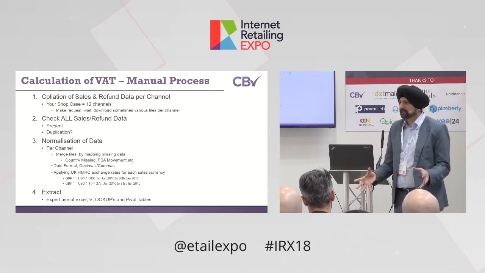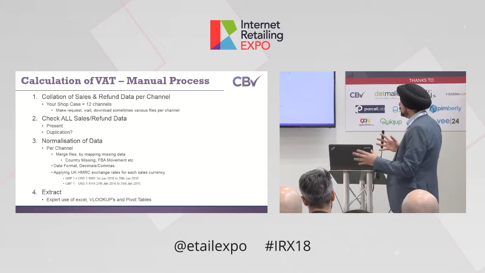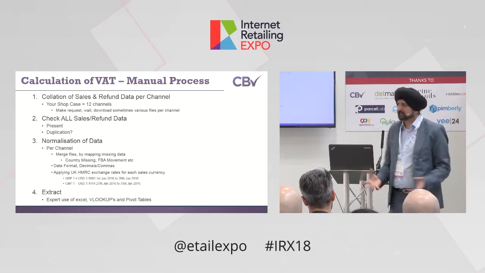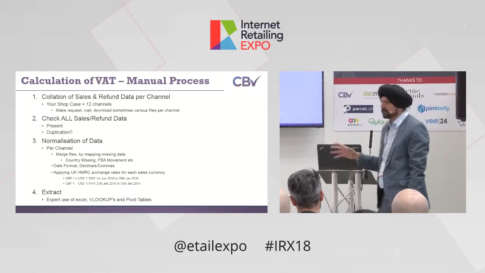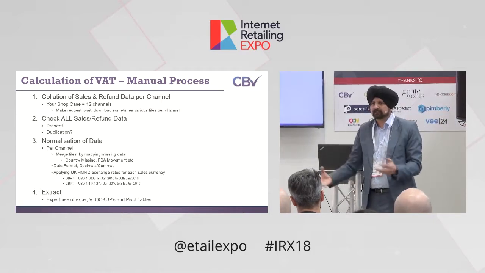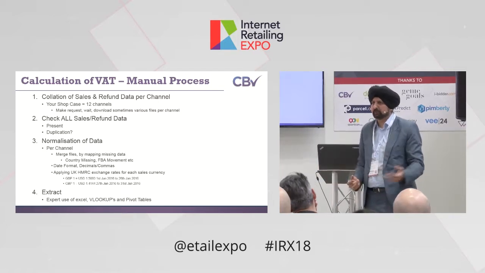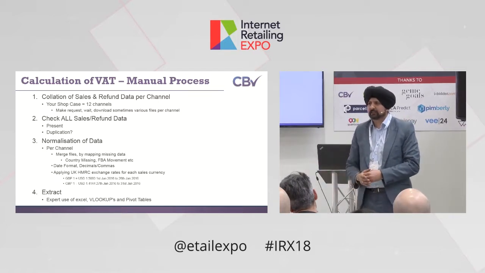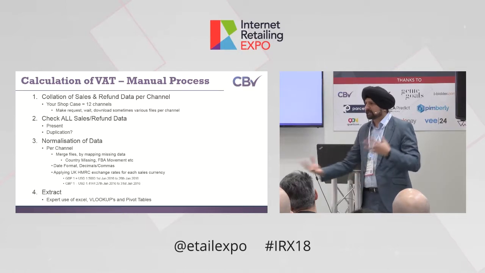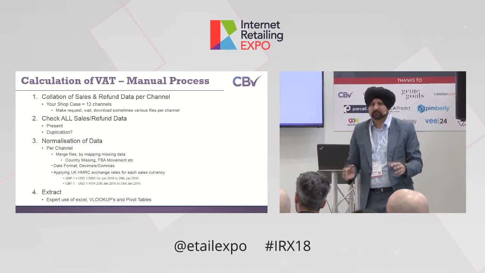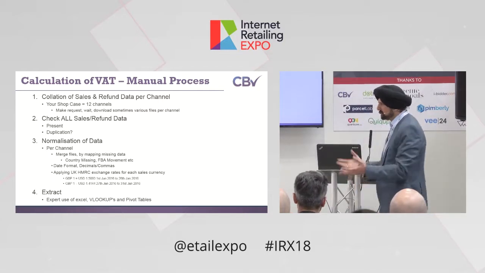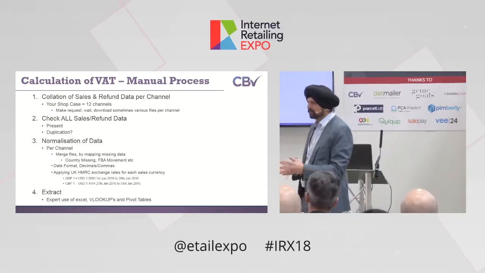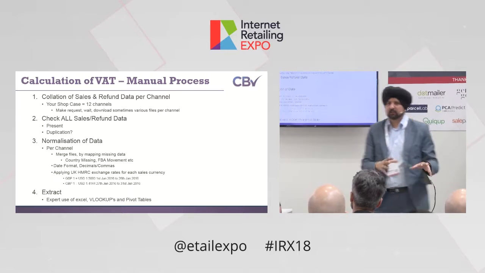If you were to do this manually, and I've gone through the process already, it's about collating all of your sales data. In that example I just gave you, that's 12 channels. That means logging into 12 different channels, downloading the FBA report, the order report, the settlement report, the full PayPal transactional list, reconciling it against different reports because not all the information is in that single report, being a wizard at Excel, doing VLOOKUPs, mapping data across.